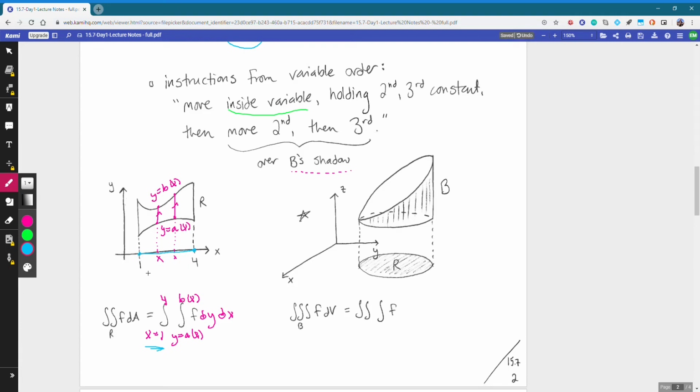That's the shadow that we get. And so these outside limits just tell us to move across that shadow, starting from x equals 1, then moving to x equals 4, all the way across that shadow.